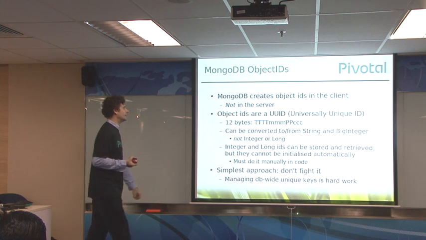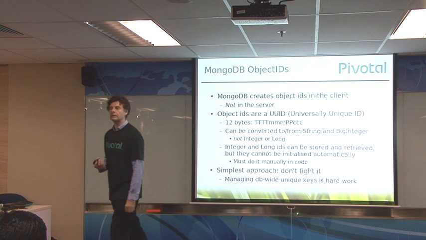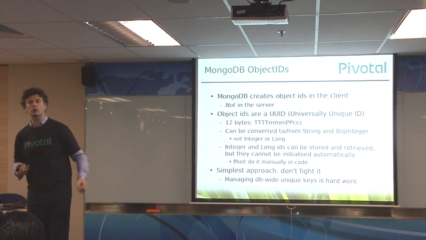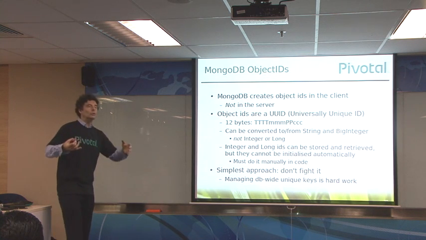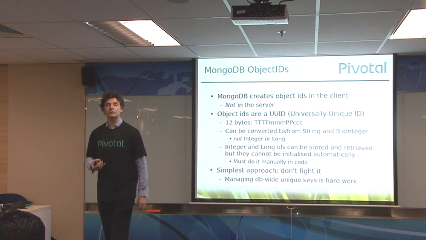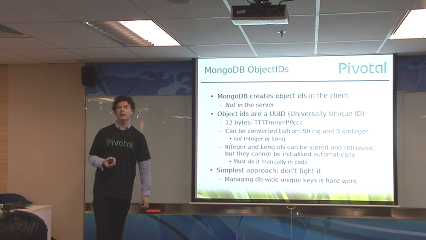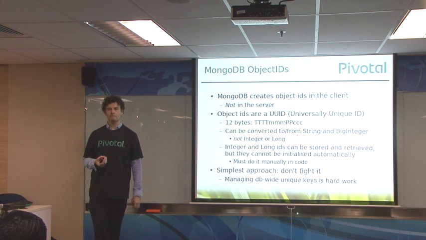So the upshot is that whilst you can use integers and longs as IDs in objects that you push out to MongoDB, you will not be able to leverage the automatic generation of those IDs, because the automatically generated IDs in MongoDB are 12 bytes long, and they just ain't going to fit.